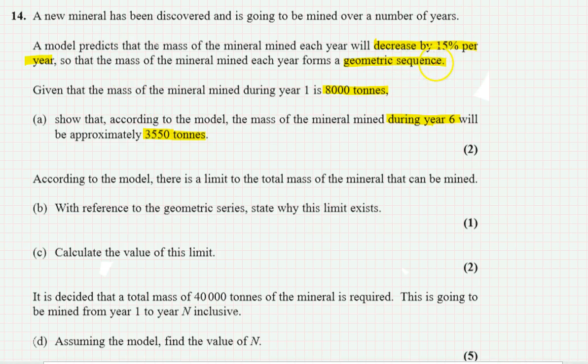Now, first thing is a geometric series. So we know the geometric series is A, AR, AR squared, and AR to the power n minus 1 is the nth term.